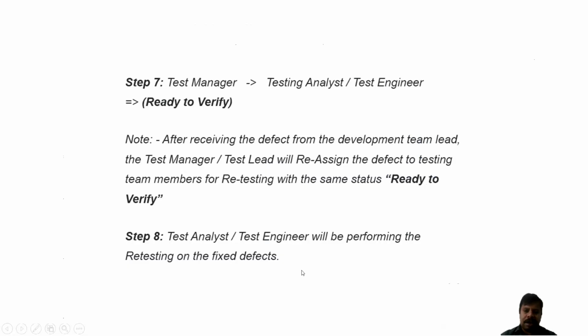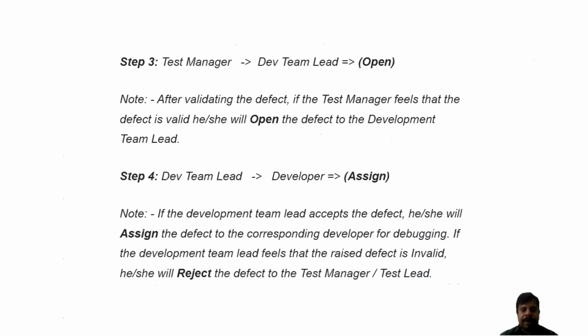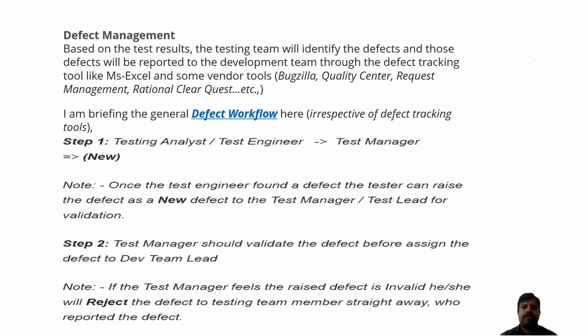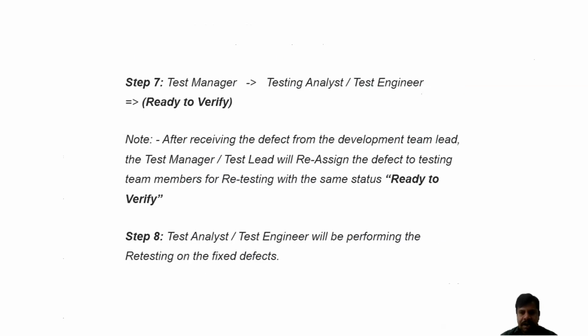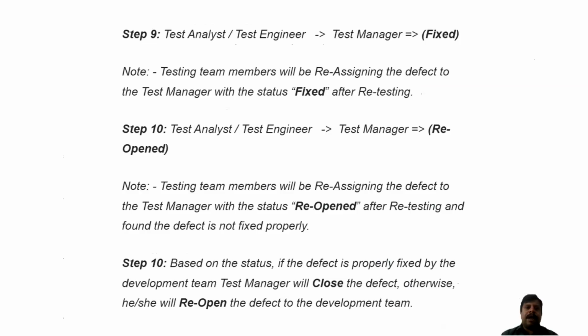So in all these cases, the last step is the test analyst will be performing the retesting on the fixed defects. So it is the defect management in software testing. In all the cases, the software tester or test engineer is playing a major role along with the test manager.